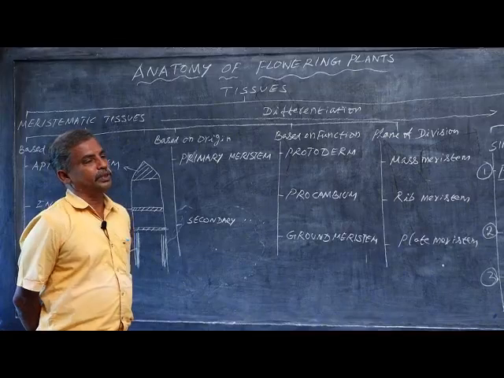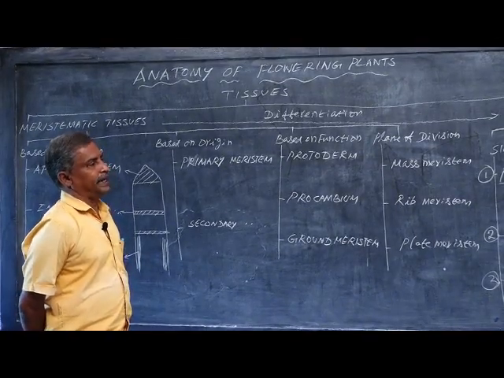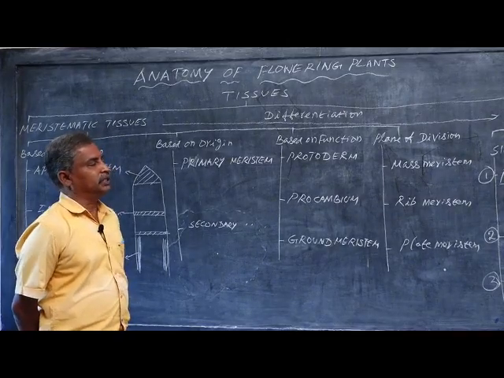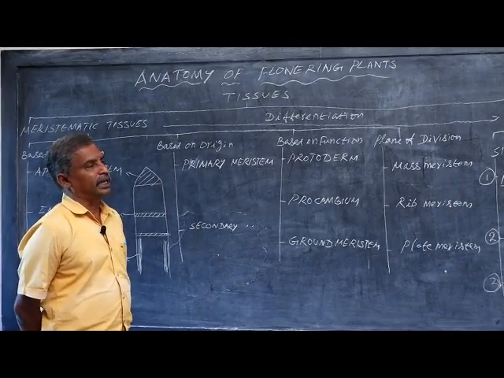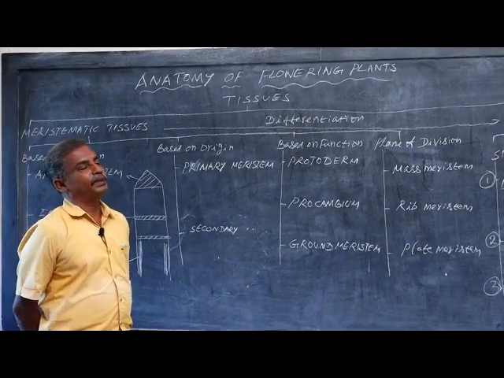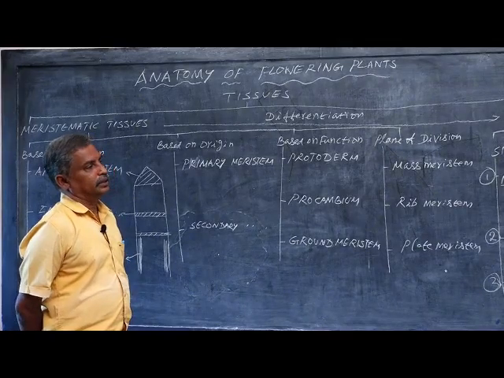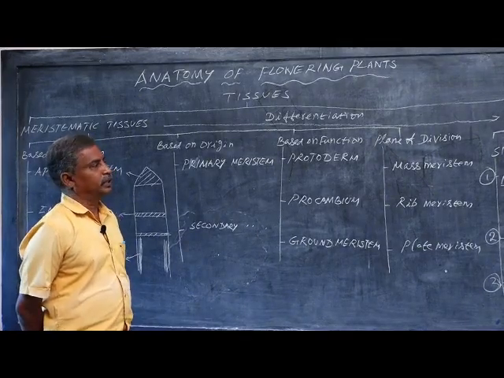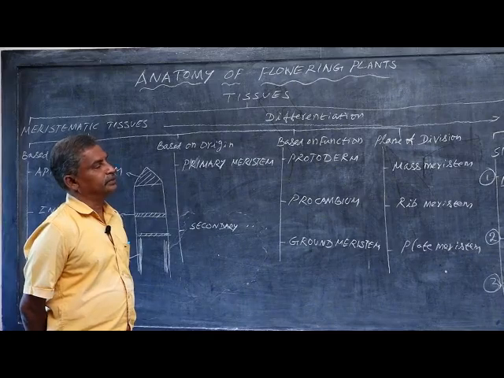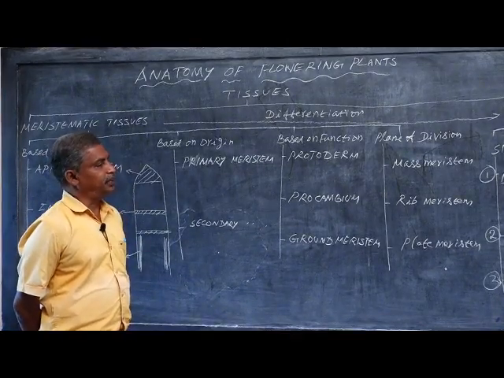Then rib meristem: the plane of division is in one direction, as in the epidermal tissue system or dermatogen. Then plate meristem: the plane of division is in two directions. So, based on the plane of division, the meristematic tissues are classified into mass meristem, rib meristem, and plate meristem.